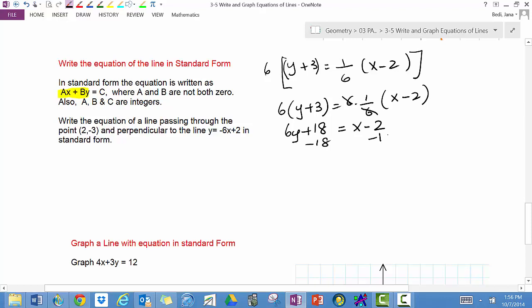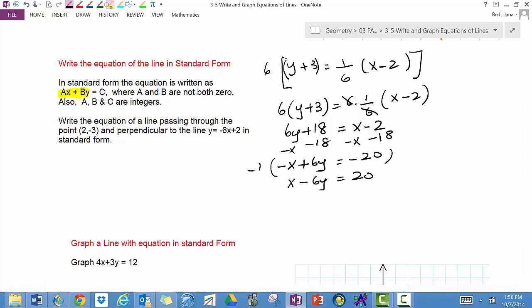Subtract 18 and subtract x. So you get -x + 6y = -20. Most of the time you'll see x is positive, so multiply this by -1. You get x - 6y = 20. And this is your equation in standard form.